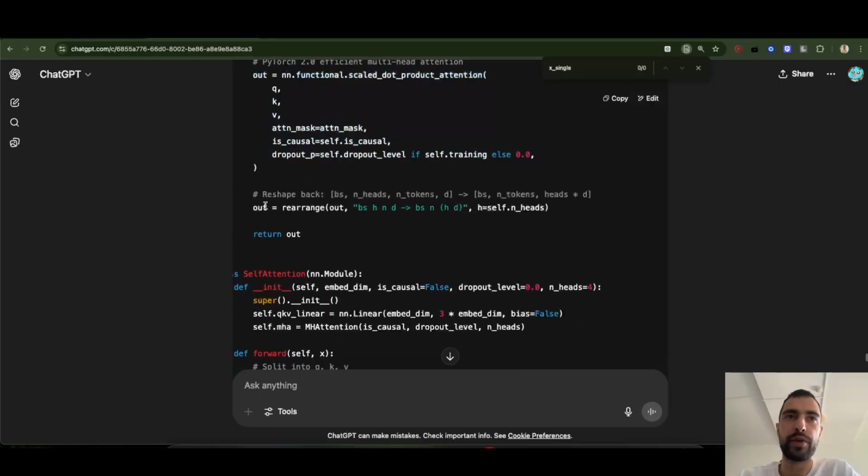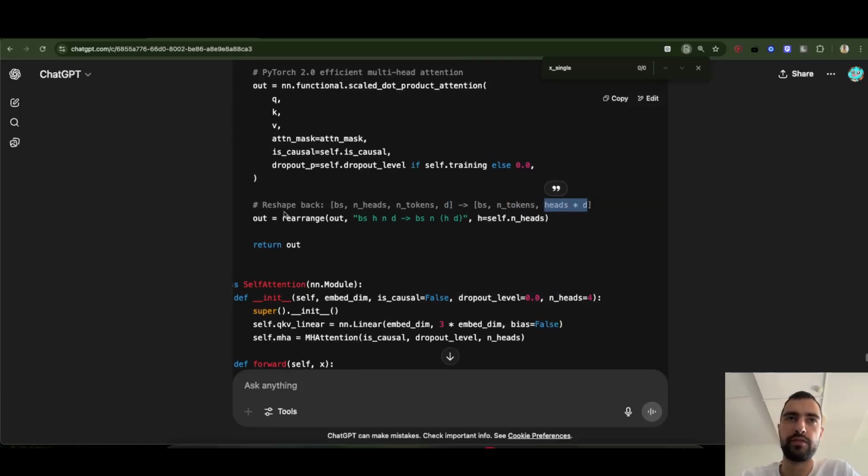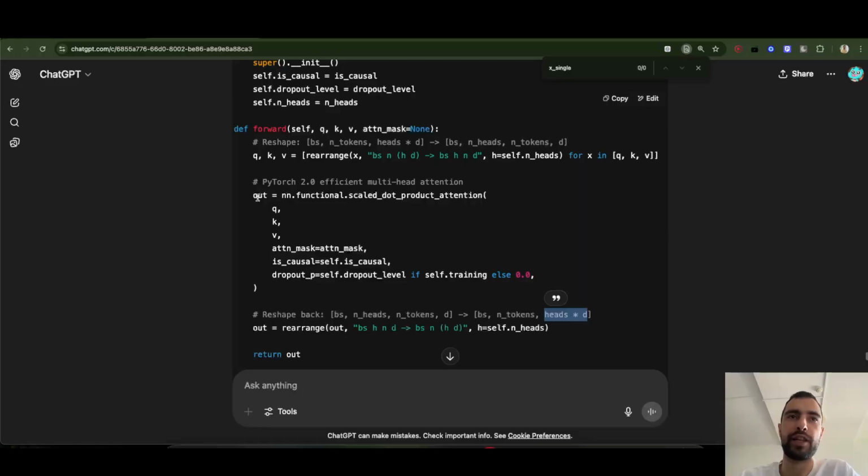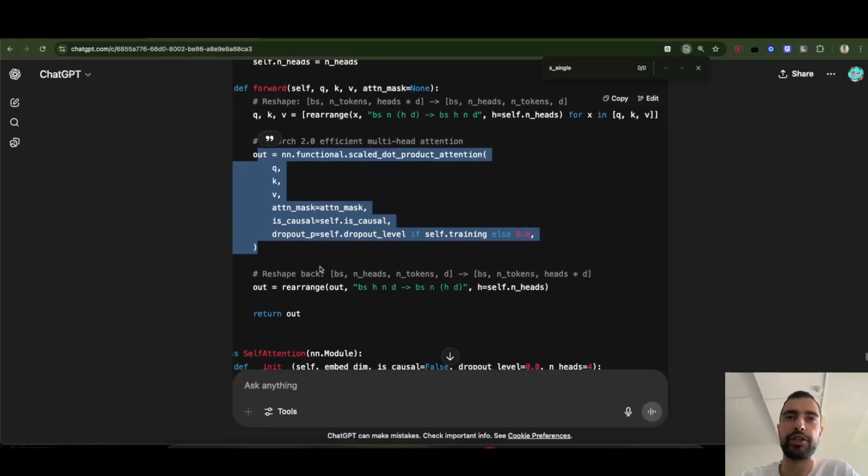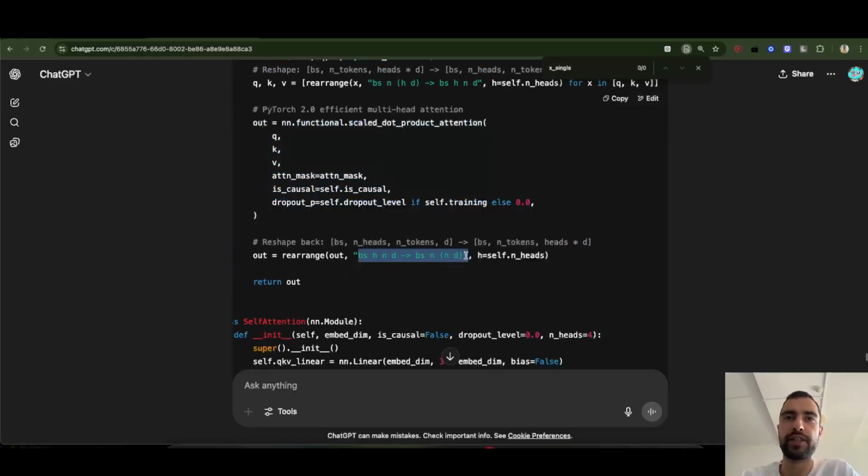So then rearrange, reshape back from batch size, number of heads, number of tokens, and dimension to batch size, number of tokens, heads, time, dimension. After we calculate the scaled dot product attention, we just reverse this process.